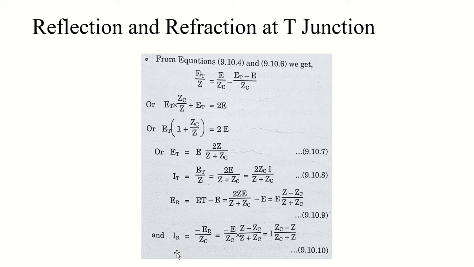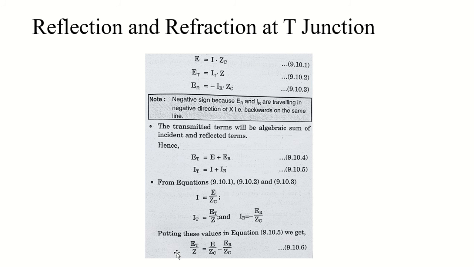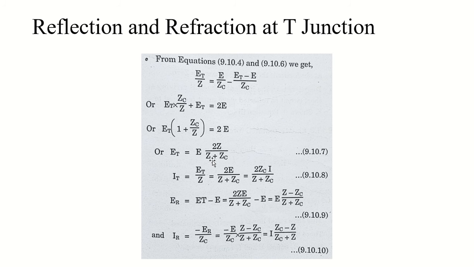ER is basically ET minus E. See here, ER is basically ET minus E, so you can write it. So we'll write ER equal to ET minus E divided by ZC, just so that we can get ZC as a common denominator.